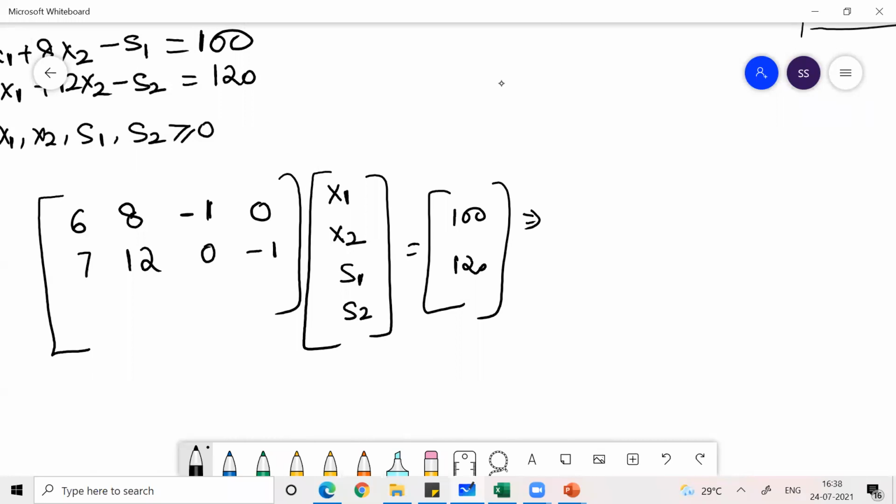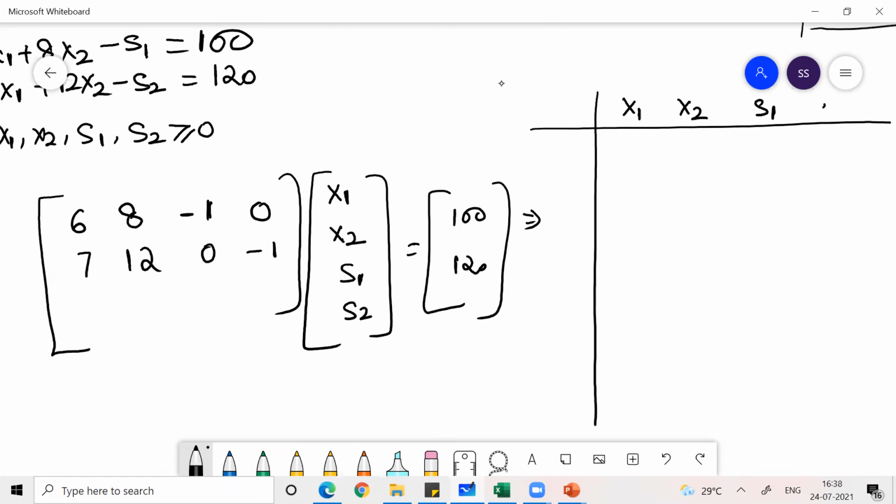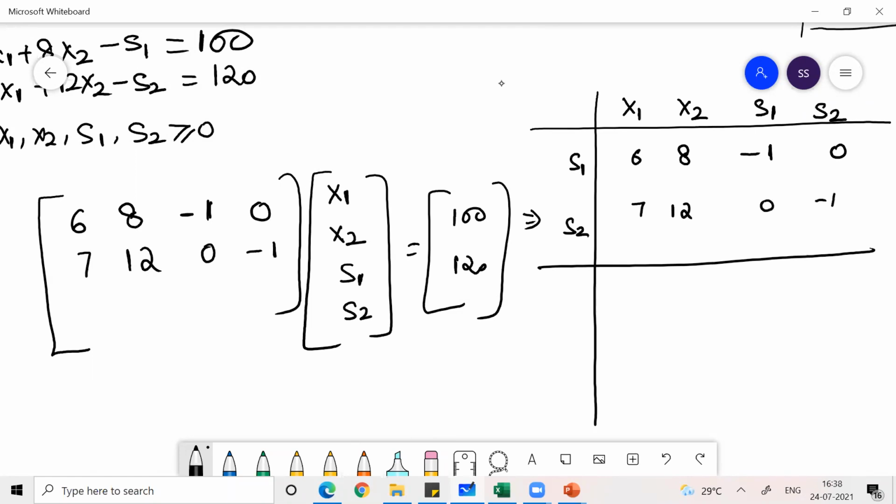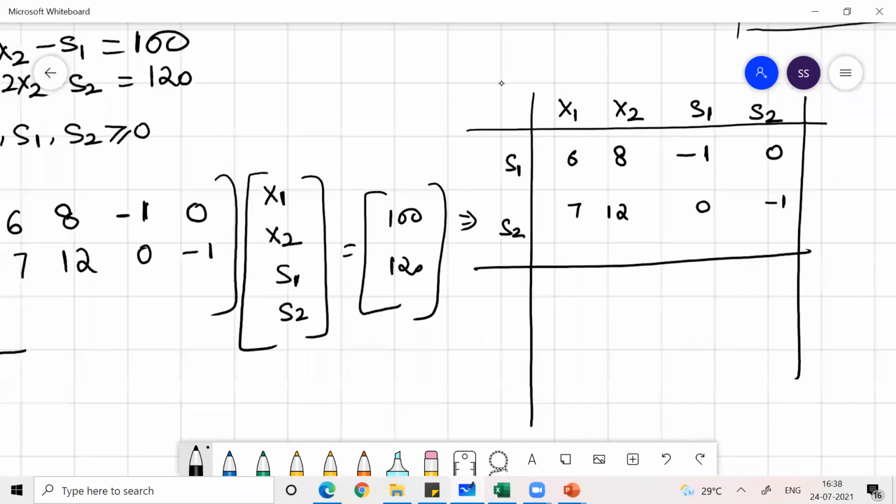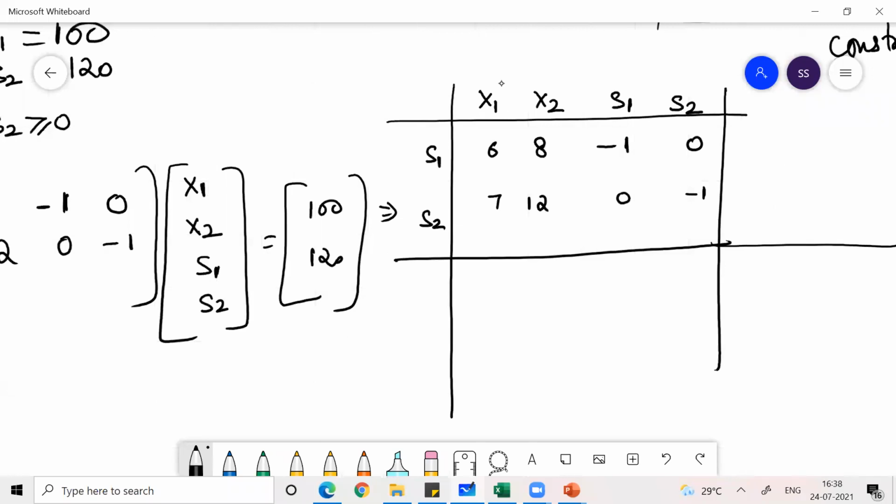We create the iteration table where we write x1, x2, s1, s2, and here I write s1, s2. Here I'll write 6 8 minus 1 0, then 7 12 0 minus 1. Remember, 0 minus 1. Then we write RHS and theta.